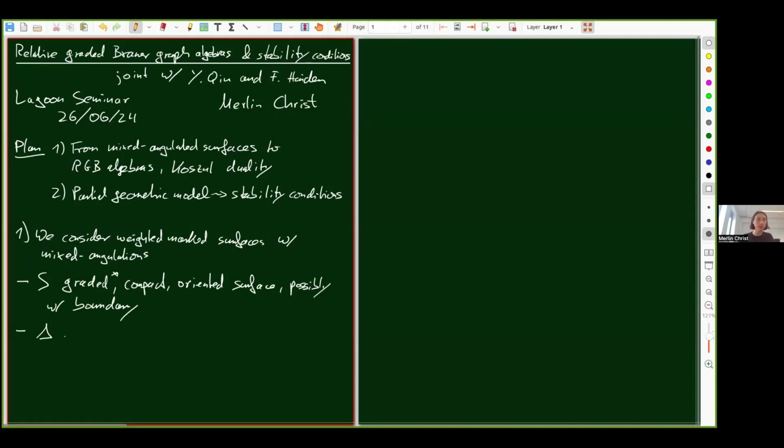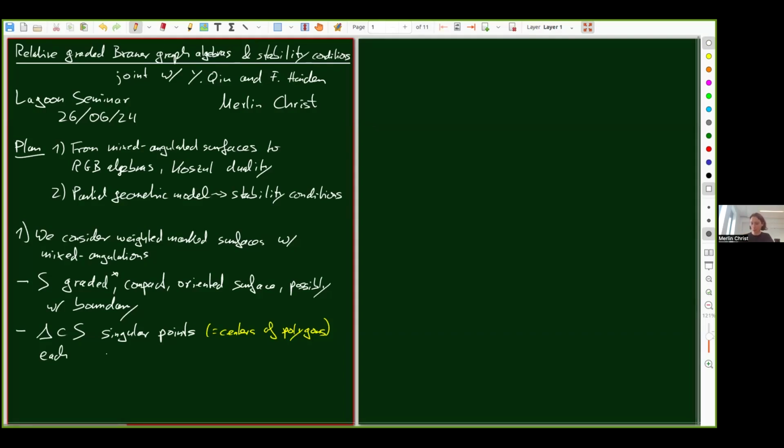So the first type of decoration will be singular points. And the singular points will be the centers of the polygons of the mixed angulation. So this is a bit abstract at this moment. We will see an example in a minute. So bear with me while I slowly unravel all the input data.